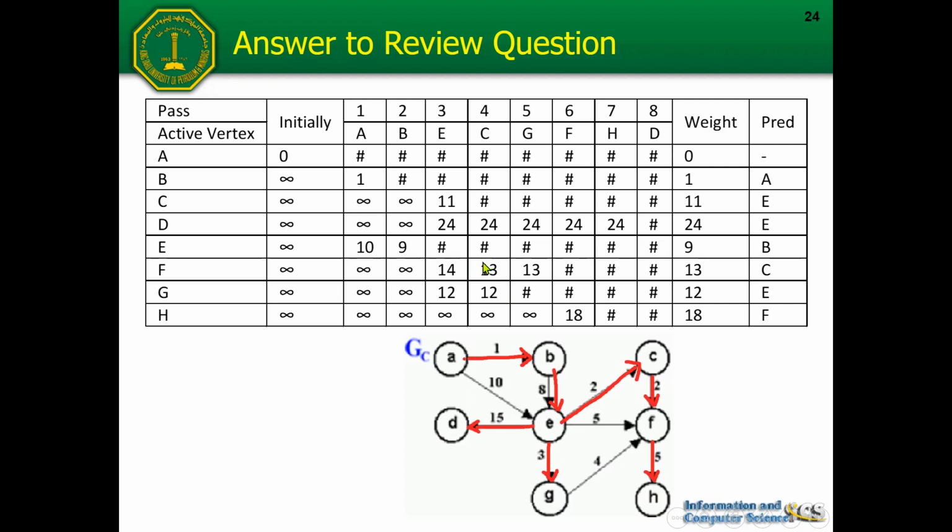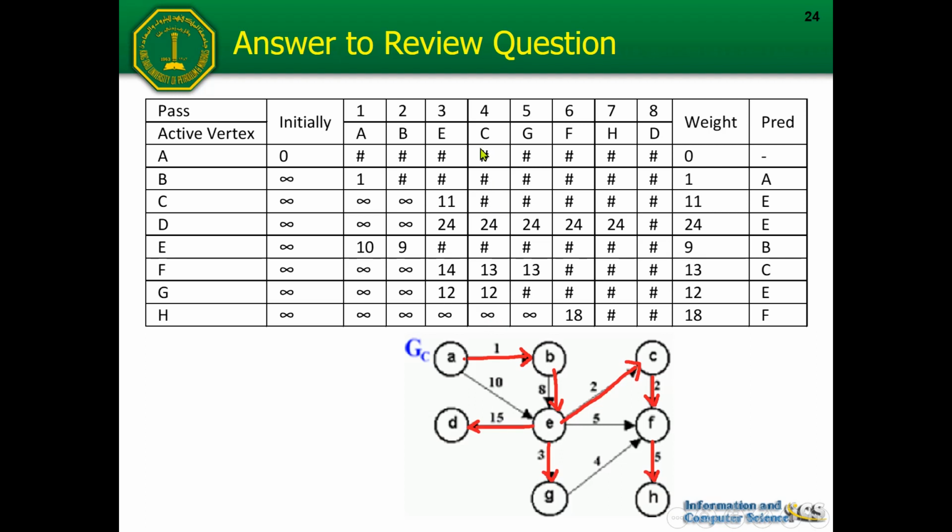The previous value for this row is 14. Because 14 is bigger than 13, we need to update the value. The value is now 13. Then for the remaining, we only need to copy the previous value.